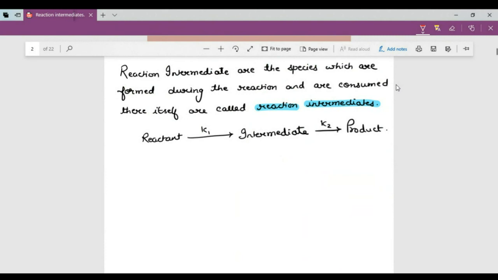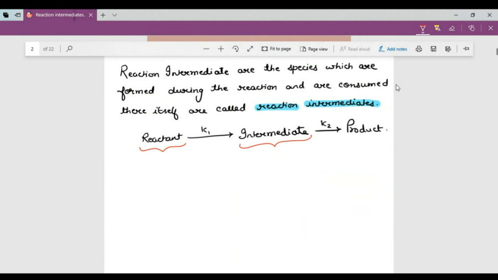Such species are called reaction intermediates. From the starting reactant, there would be some steps involved in which an intermediate is formed, and then in some other step, it is consumed to form the product. Now, this is my simplest possible representation related to reaction intermediates.